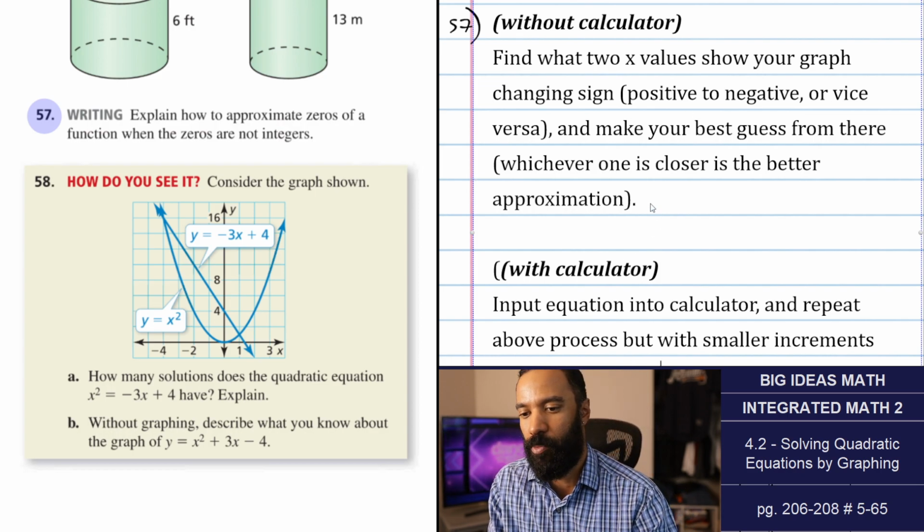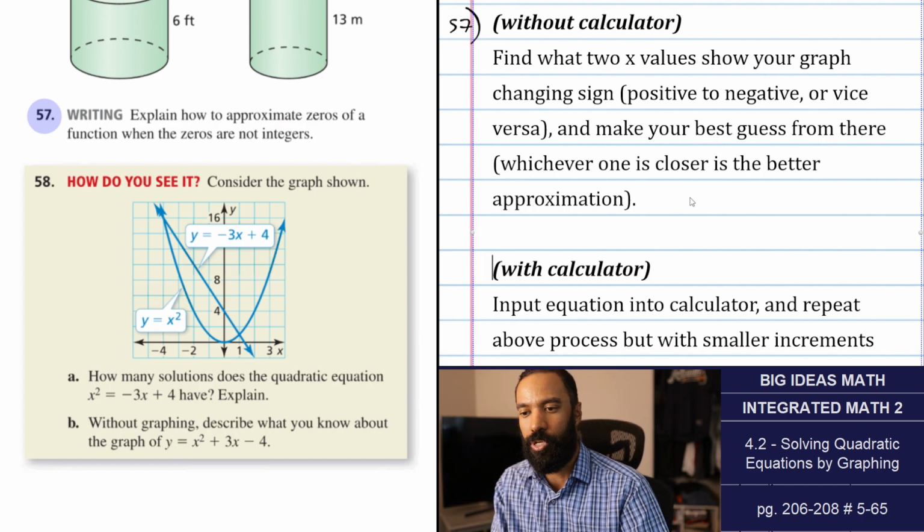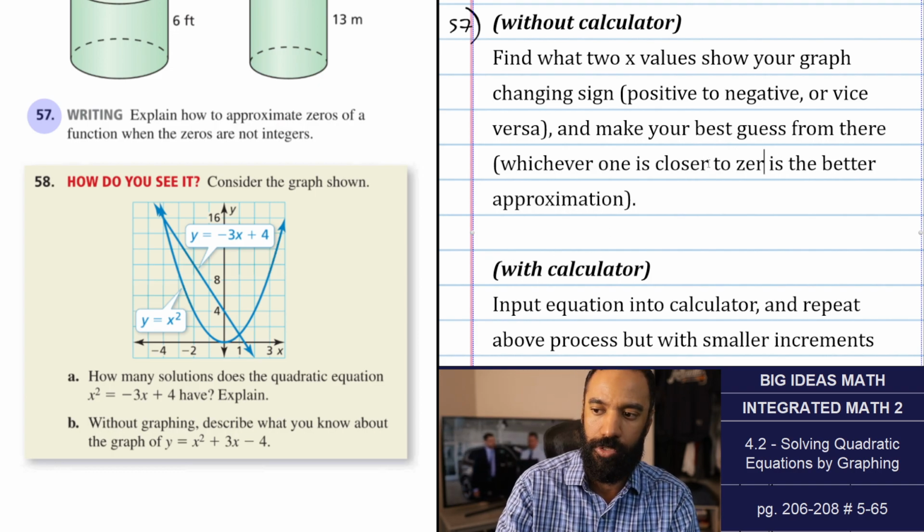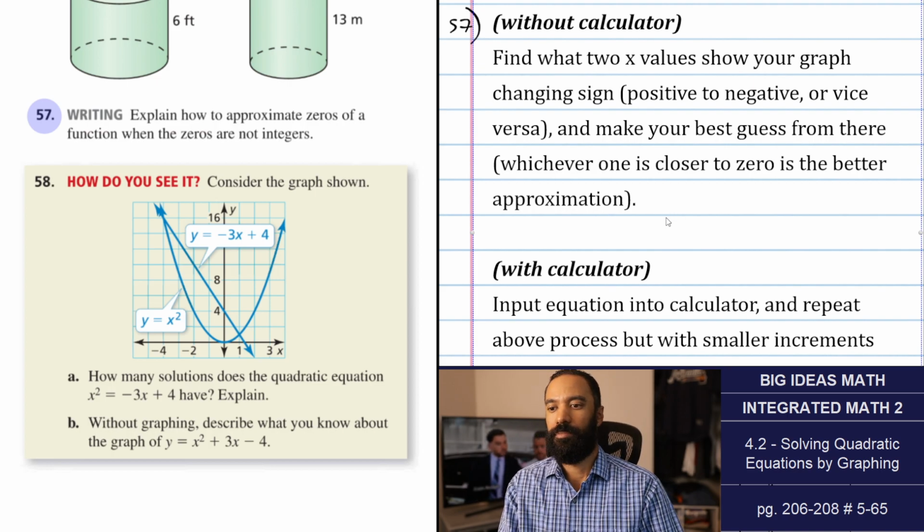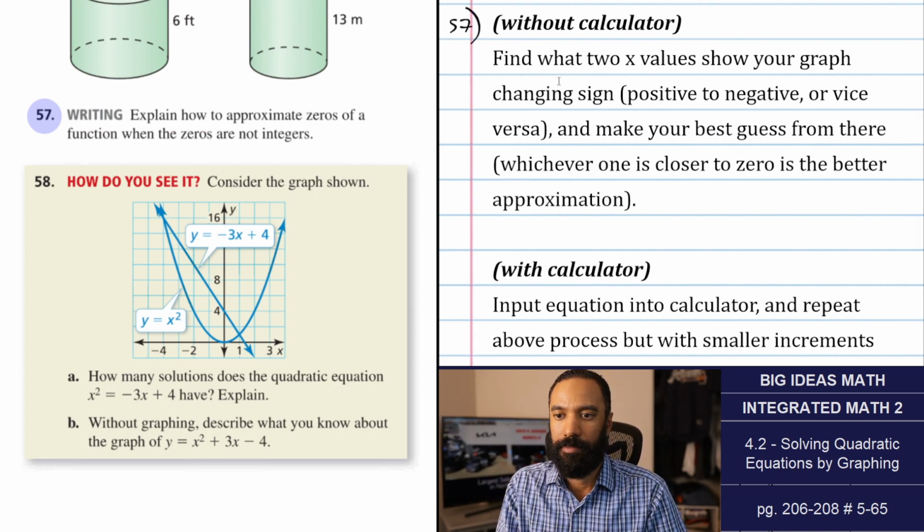So I don't know if that makes sense, but we've been looking at a bunch of those. Whichever one's closer to 0 is the better approximation. So it's going to be the same thing there.